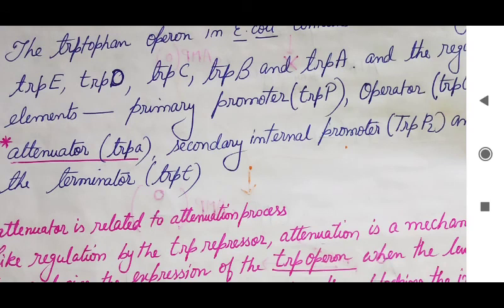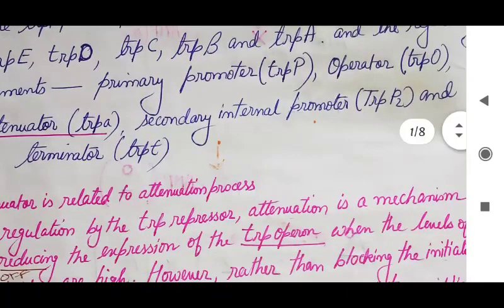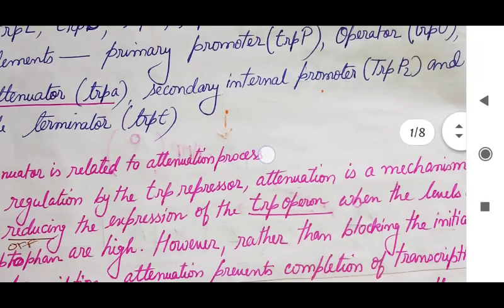When there is a high level of tryptophan, we don't need the tryptophan operon to be open, so through attenuation it prevents the completion of RNA polymerase transcription. There is also a secondary internal promoter called TRPP2 found at TRPD, and a terminator called TRPT.